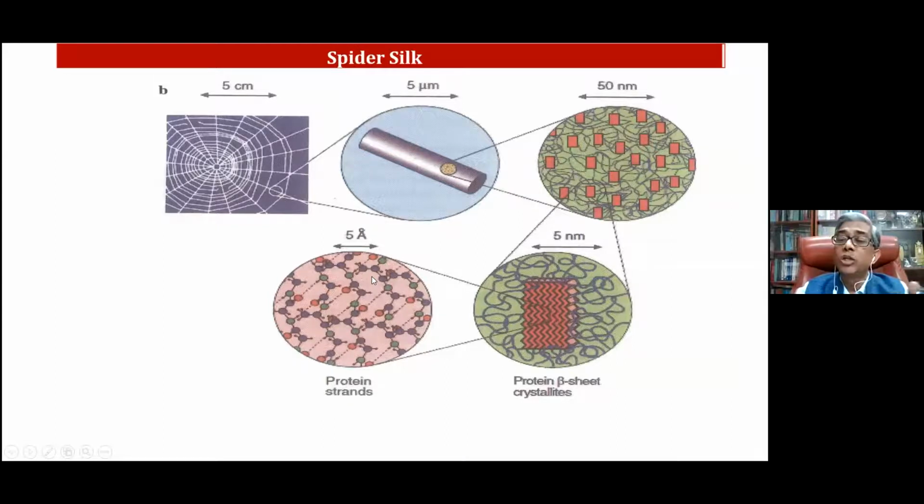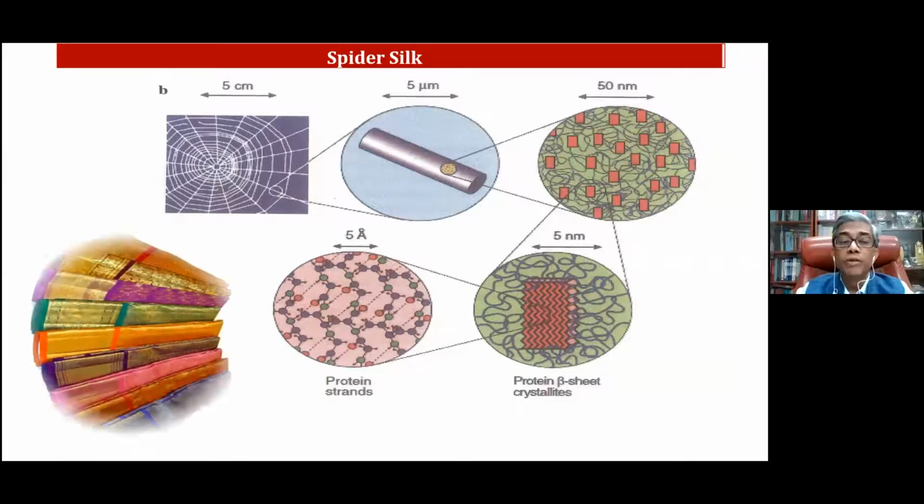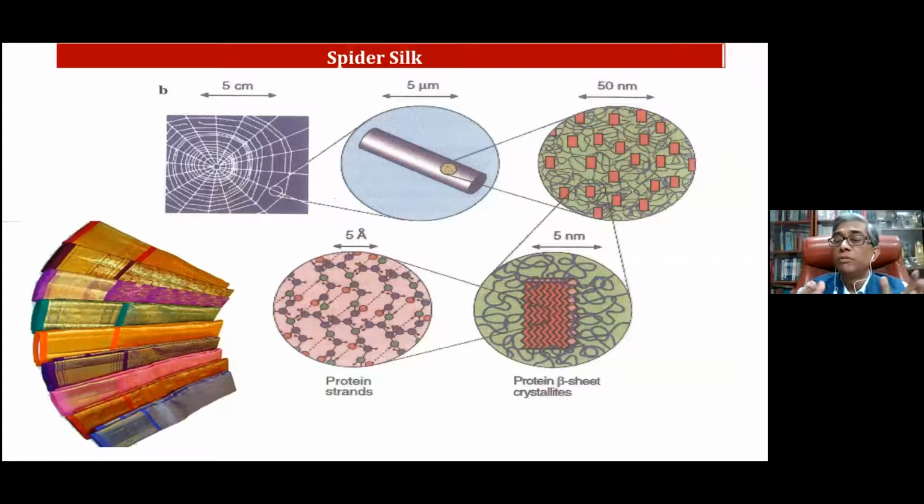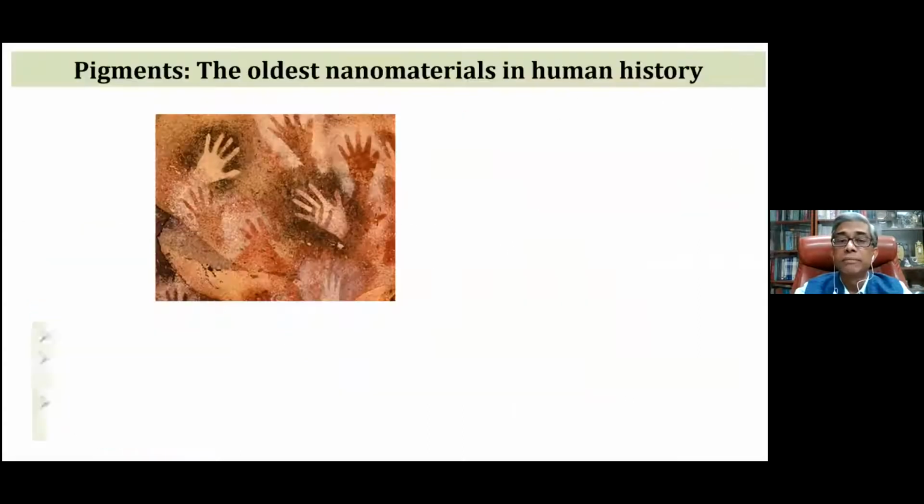It is actually used for developing very beautiful sarees, and these nano level fibers are why it has so much strength. The spider silk is very strong, and that can be used.